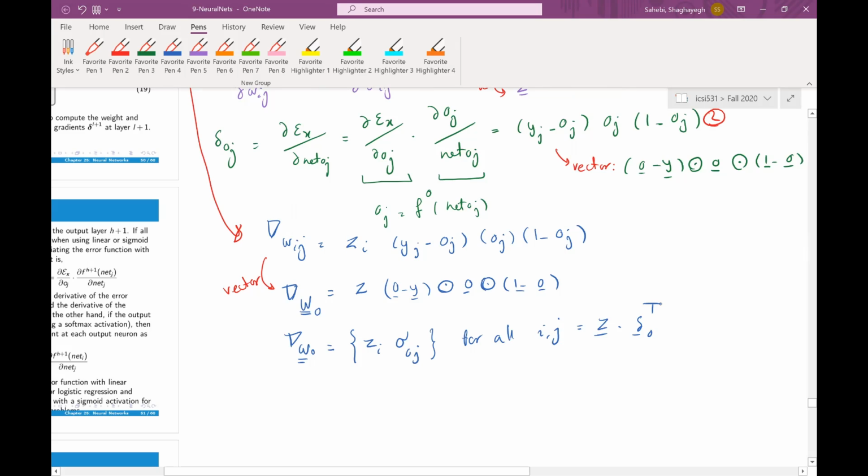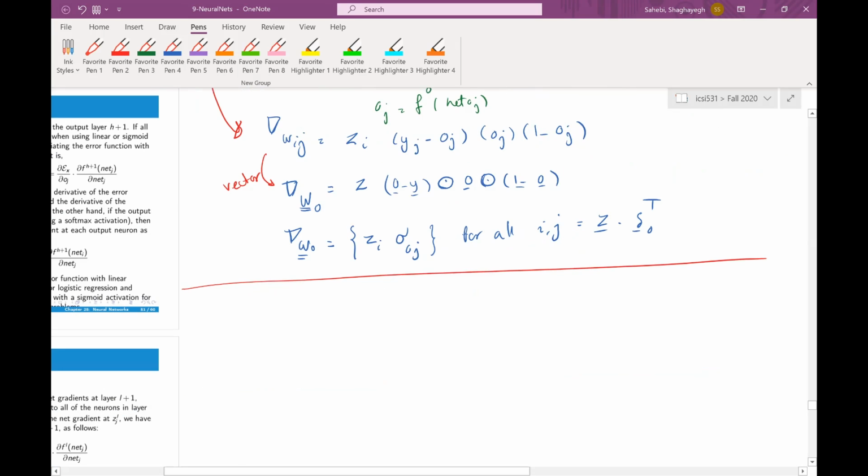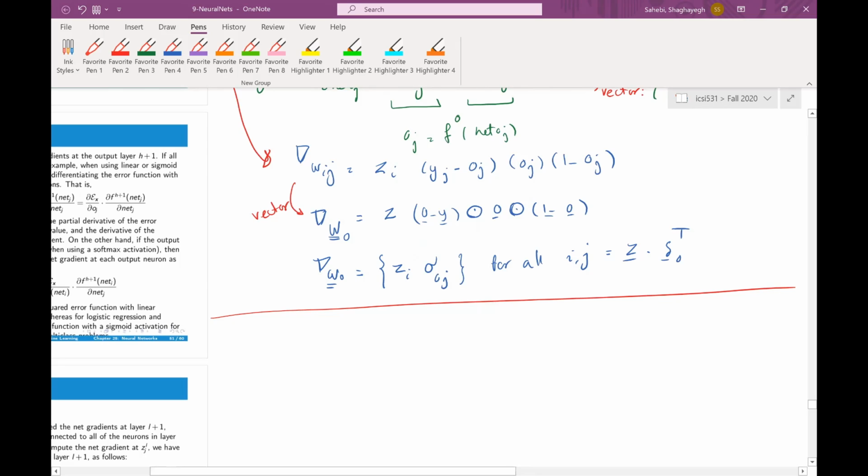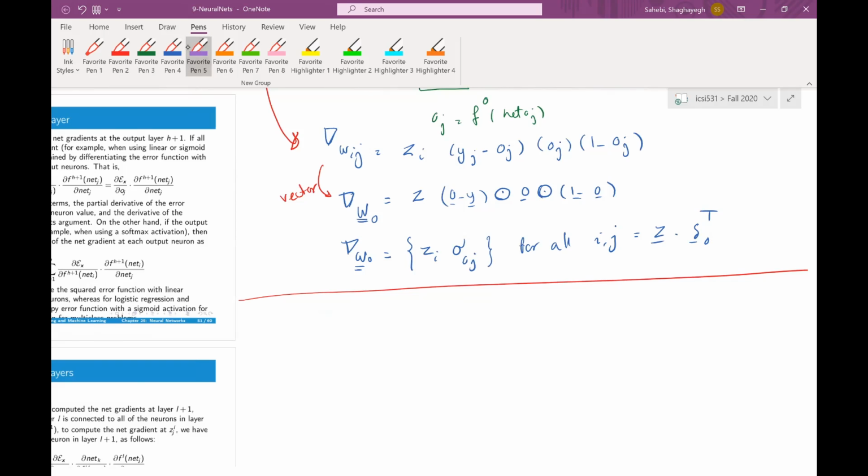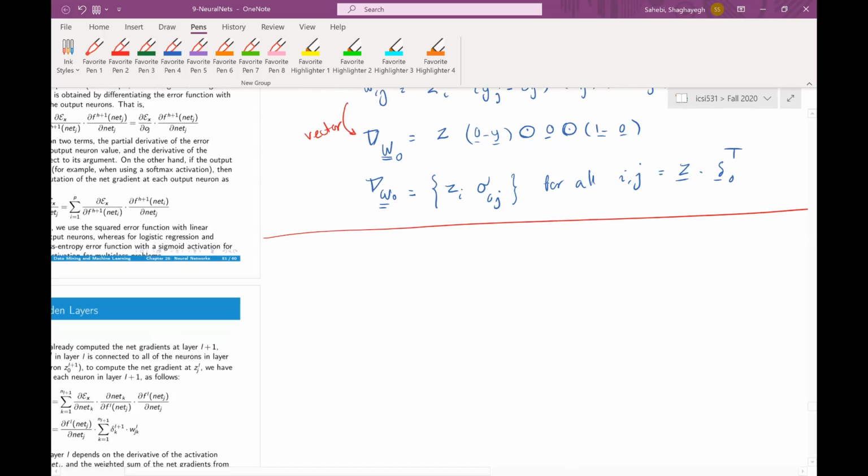Okay, so for the hidden layers, we also have a similar situation. We calculated that for the hidden layer of MLP, and basically the generic formulation is going to look like this. We are going to calculate the gradient of Wij, and that is going to be equal to the gradient of our error with respect to Wij, coming from a hidden layer like H, for example.